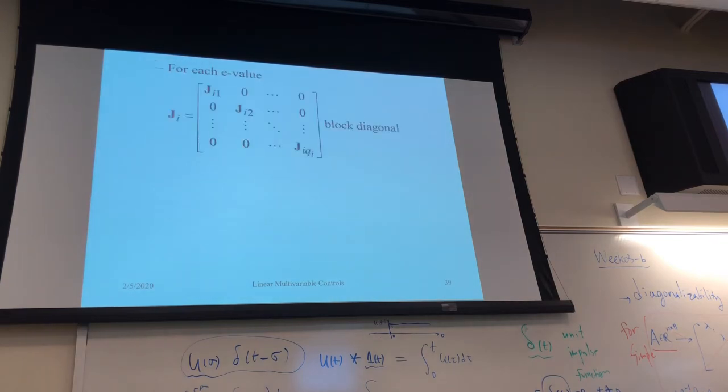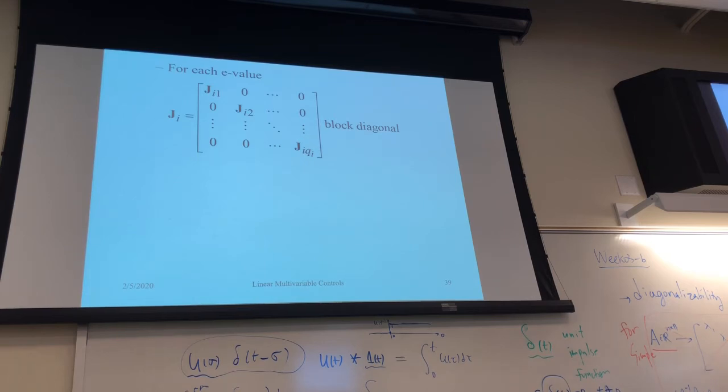For each eigenvalue, Ji, you have a block diagonal of the J like that, and so that's why you have Jij, where j runs from 1 until qi, the number of independent eigenvectors. Each independent eigenvector corresponds to a Jordan block.